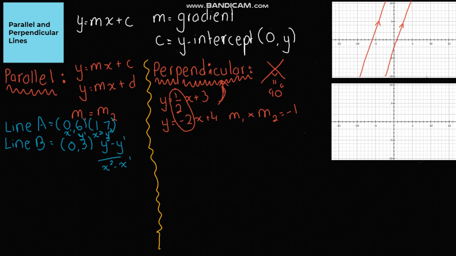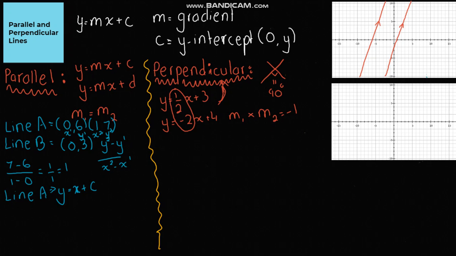When you do that, you get 7 minus 6, which is y2 minus y1, over x2 minus x1, which is 1 minus 0. That is 1 over 1, which is 1. Therefore, line A is y is equal to x plus c. We don't have to put the 1 in front of the x. Now for c, the calculation is needed.